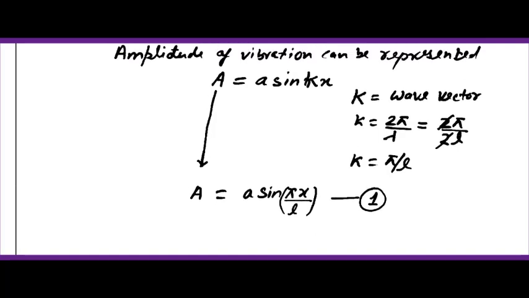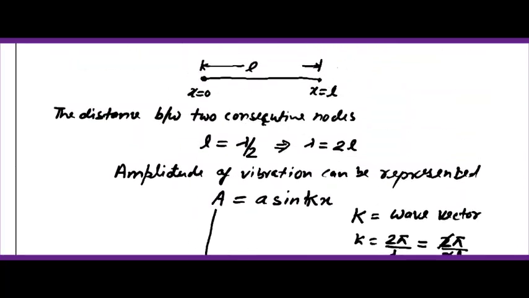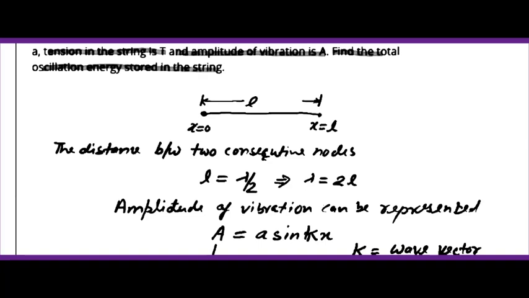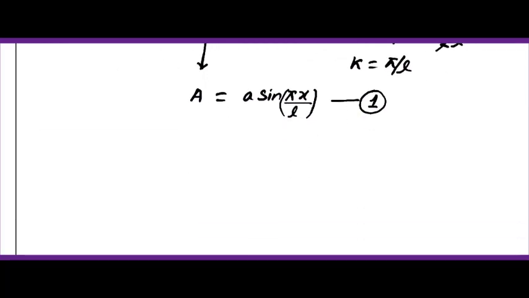Now when the string is vibrating, suppose at x distance, let us assume a small element of length dx, and the mass of this small element is dm is equal to mu dx, where mu is the mass per unit length which is given.